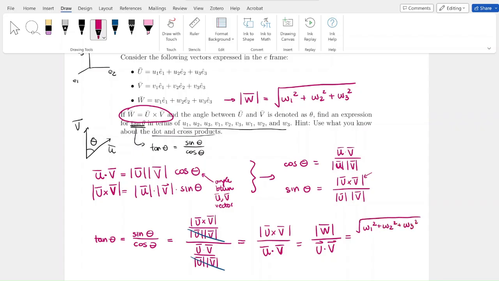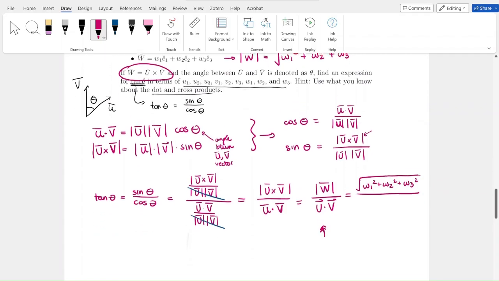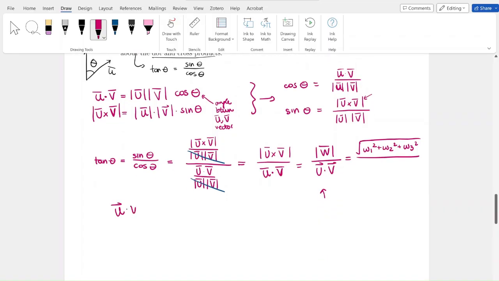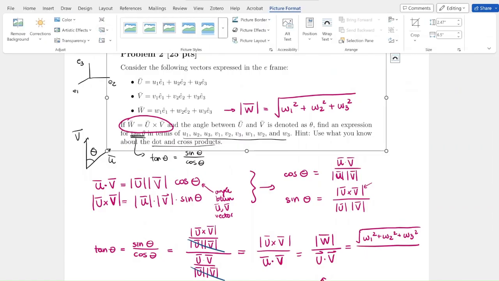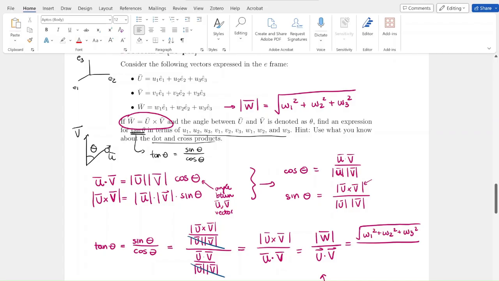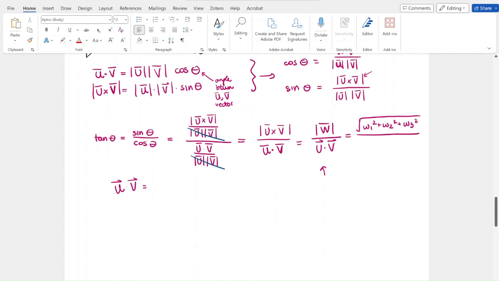Okay, the next thing we need to find is this U dot V. So dot product, how does that work again? I'll just write this out. So we have u1 e1 hat plus u2 e2 hat plus u3 e3 hat dotted with v1 e1 hat plus v2 e2 hat plus v3 e3 hat.